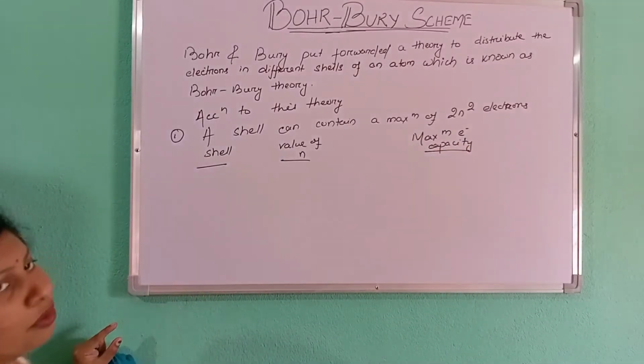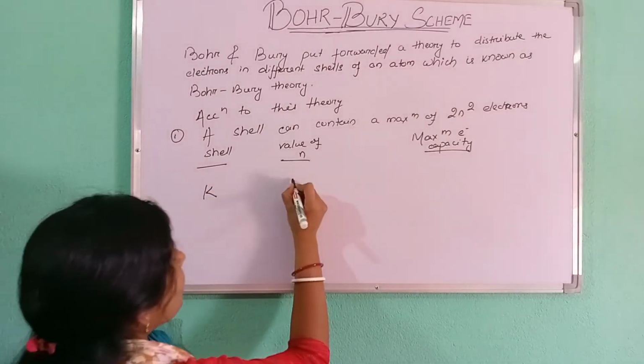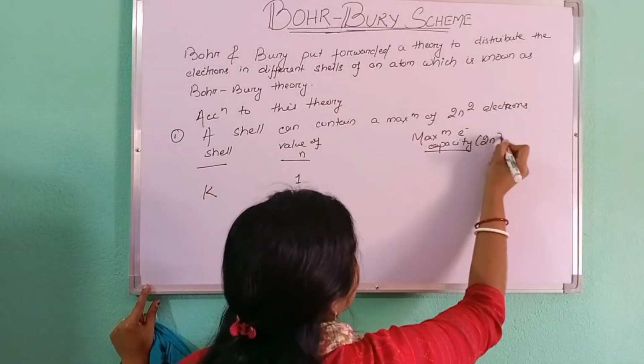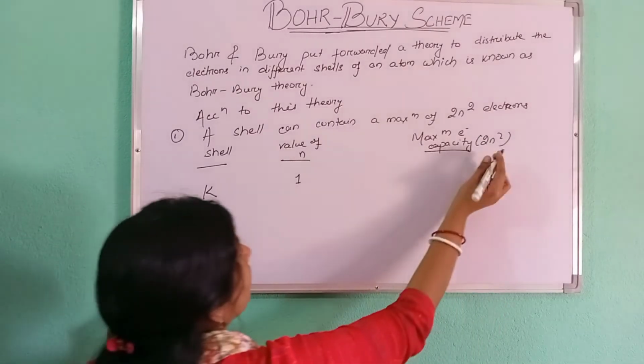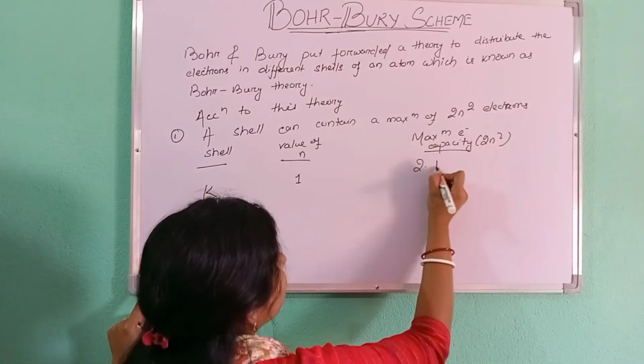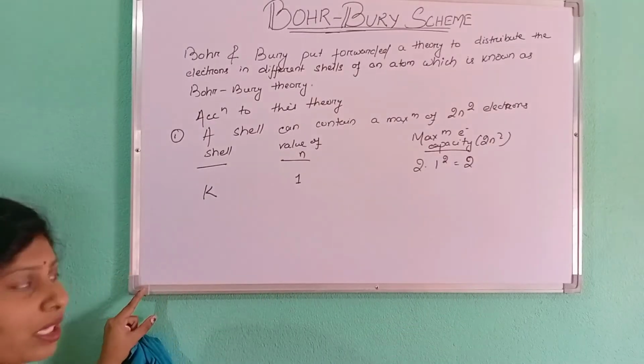Now we know about the cells. For K cell, the value of n is 1, so putting 1 in this formula, we get 2 into 1 square equals 2.